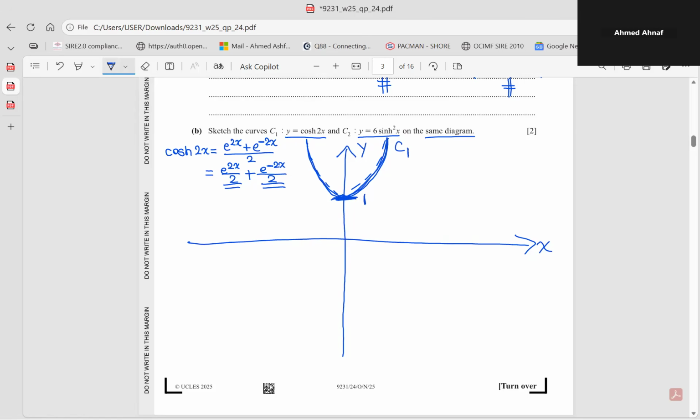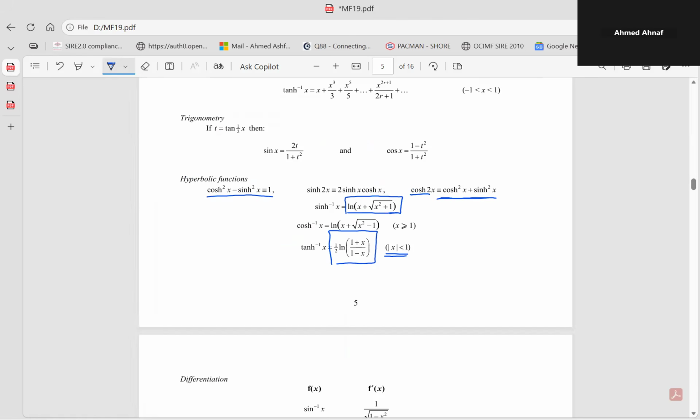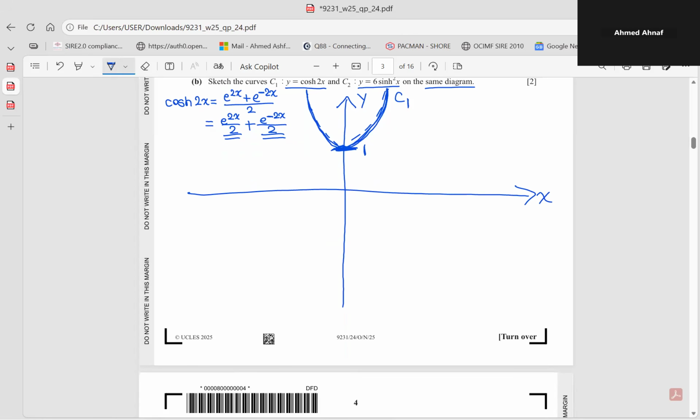All right, so for sine square x, I think the best technique would be to use this identity for cos 2x. Cos 2x equals cos square x plus sine square x, okay?